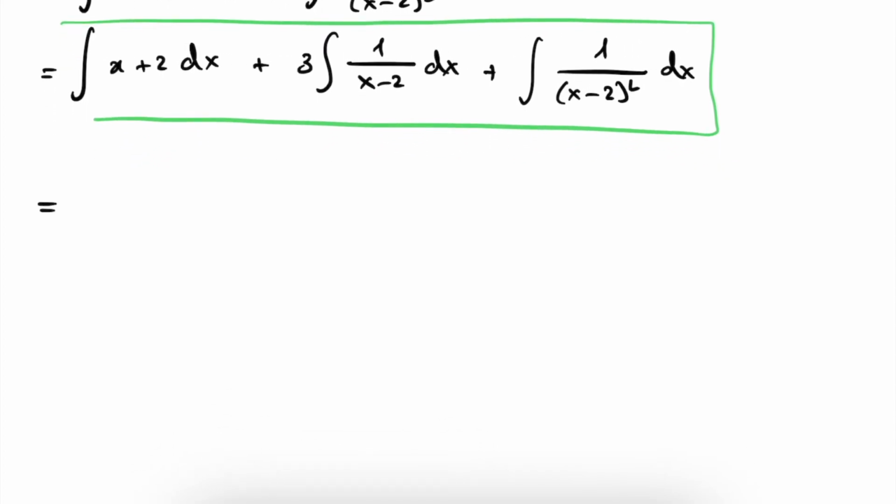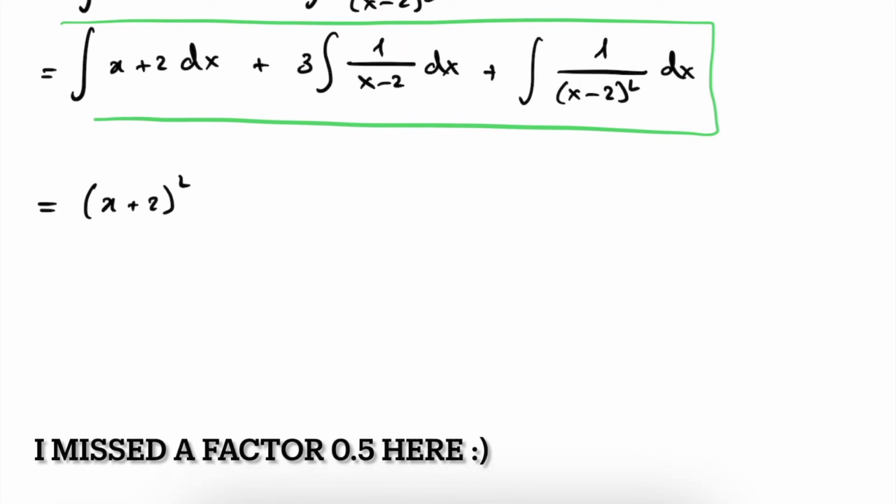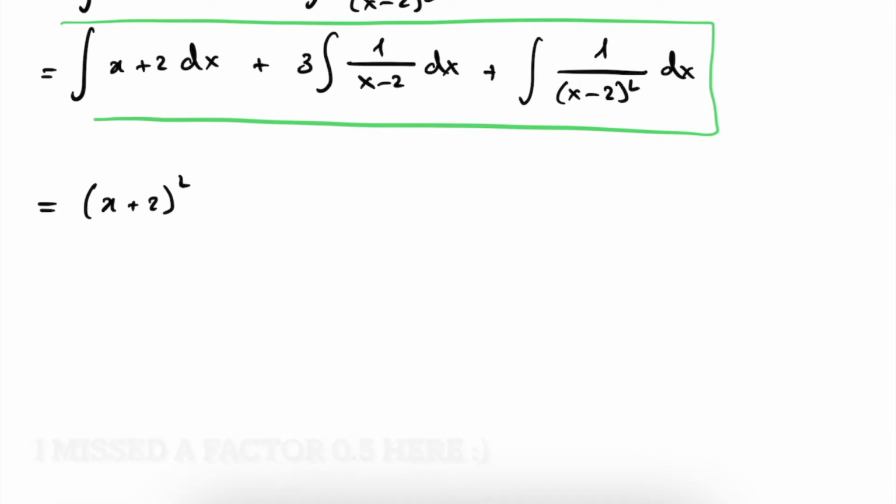The integral of x plus 2 dx is of course (x plus 2) squared over 2, which is a very easy substitution to make. What we then get is 3 times, again, the logarithm of x minus 2, because this is again an integral where we can use substitution to get 1 over u du and integrate it, which is of course the logarithm of u.